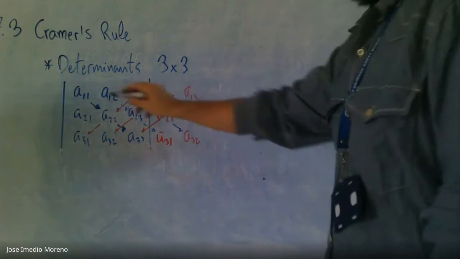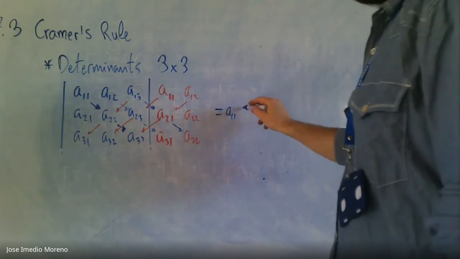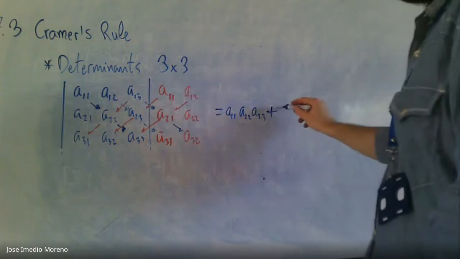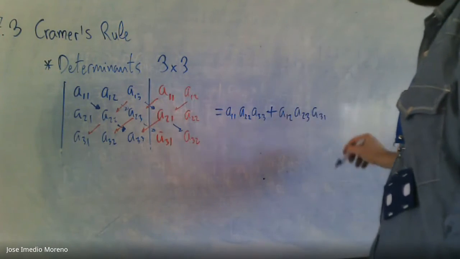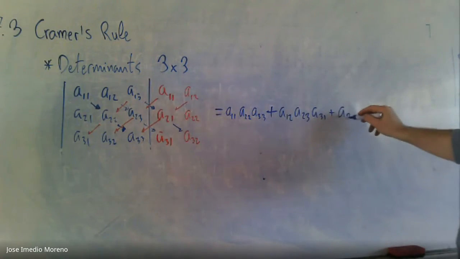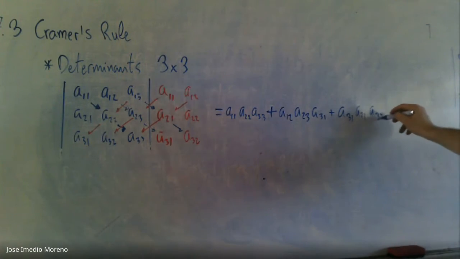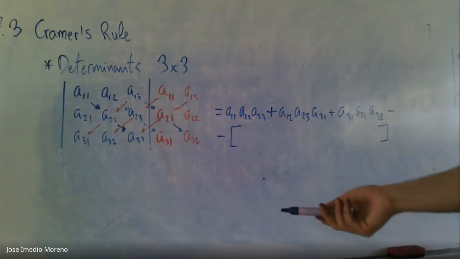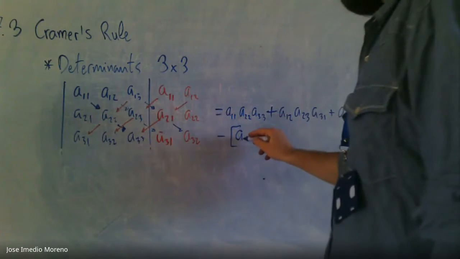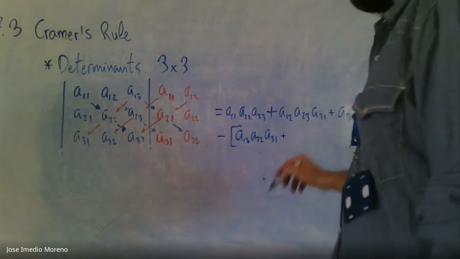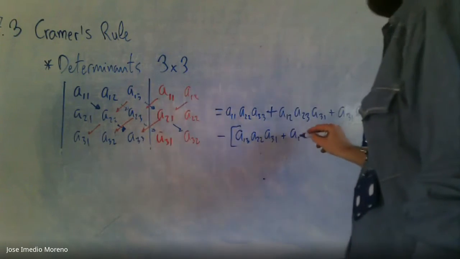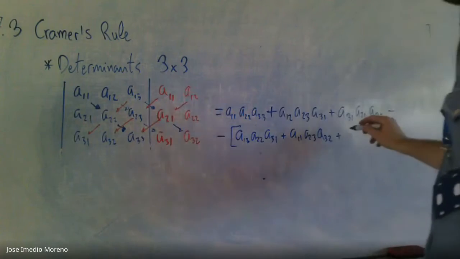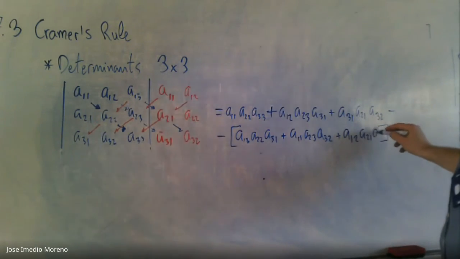So this is going to be A11 times A22 times A33, the first main diagonal, plus the second one, A12 A23 A31, plus the third one, A13 A21 A32, minus the secondary diagonals: A13 A22 A31, A11 A23 A32, and A12 A21 A33.